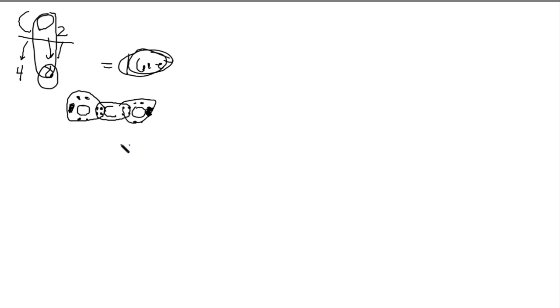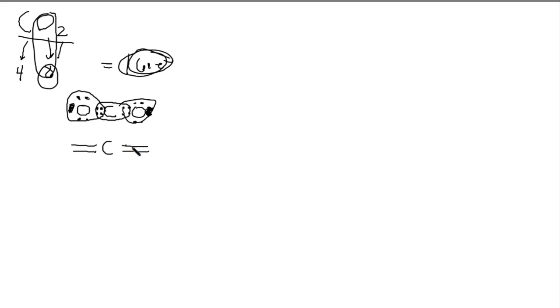You can also draw them like this. These lines here represent the same thing that the 4 dots in the middle do. They just represent double bonds.